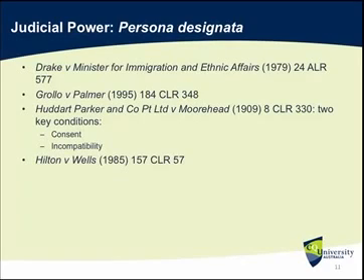One is that there must be consent on the part of the federal judge. So if the federal judge refuses, he cannot be forced to exercise quasi-judicial or quasi-legislative or quasi-executive powers. He cannot be forced. But if he agrees, then that is fine.